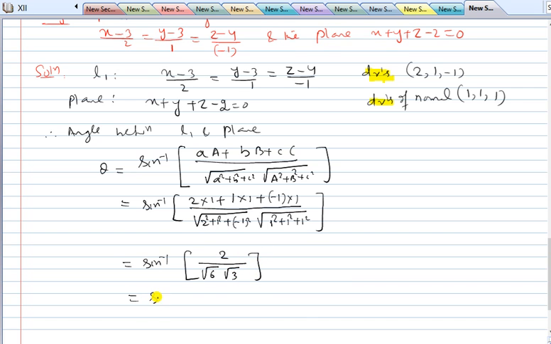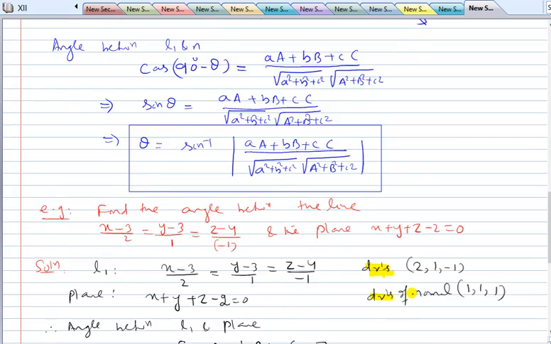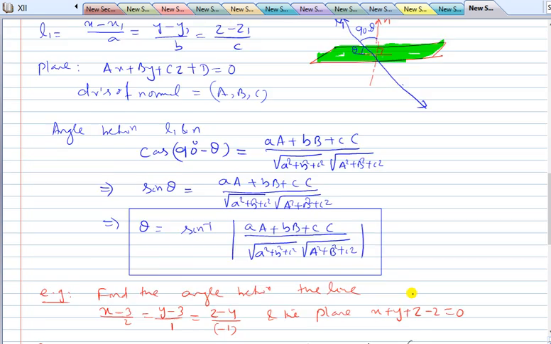So this is sin inverse 2 divided by 3 root 2, or I can write sin inverse root 2 divided by 3. That is the answer. Okay, this is the concept of angle between line and a plane, right?